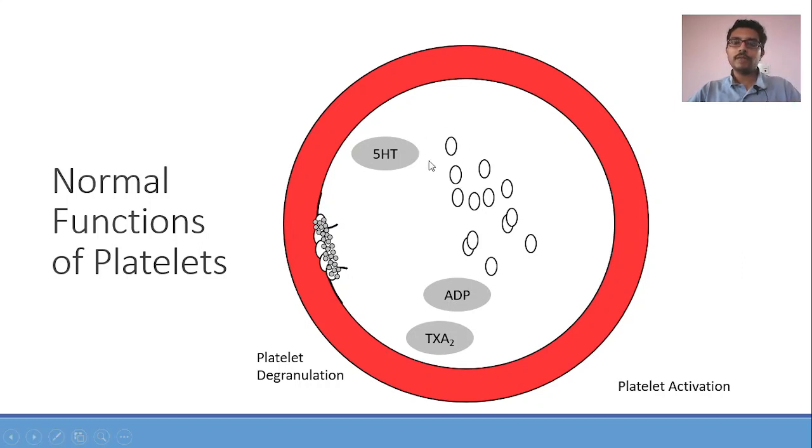So they lose their shape. They start putting out pseudopod-like projections so that they become interlocked with each other. All these chemicals, especially serotonin, adenosine diphosphate and thromboxane A2, have the capacity to attract other platelets that are going around. This process is called platelet activation. Normal platelet has now become activated platelet.